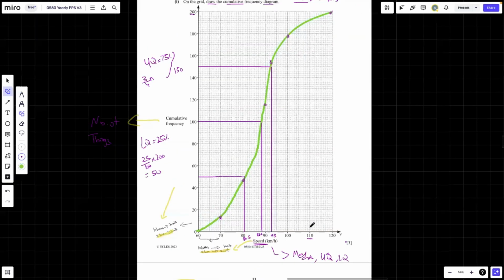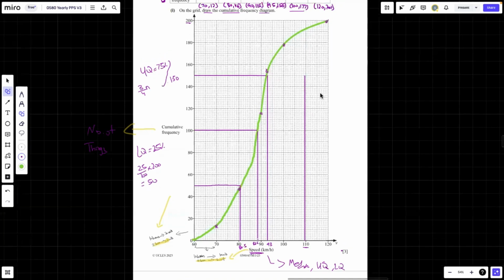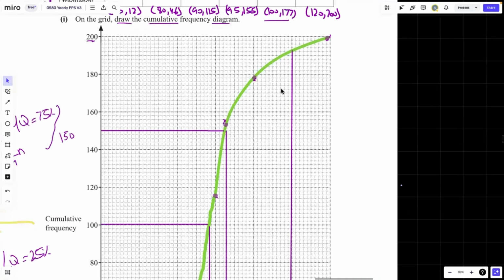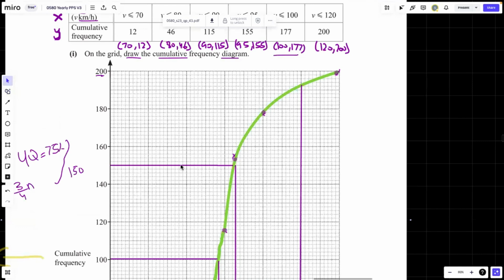And we'll make a long line, and then check against that line.